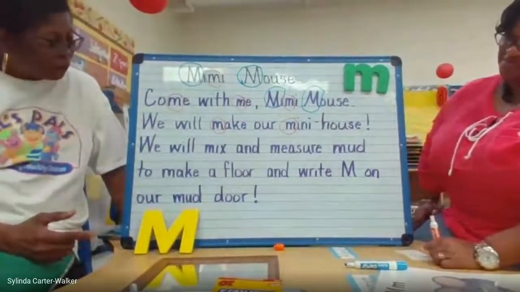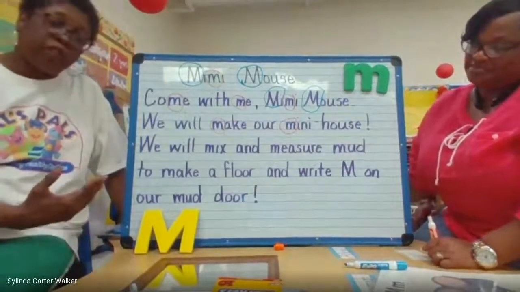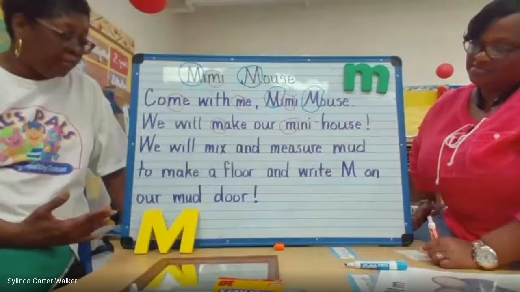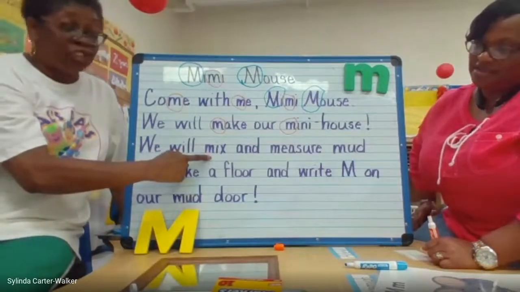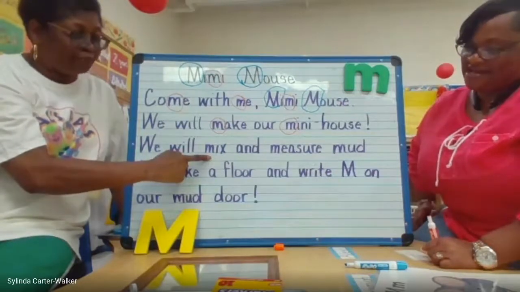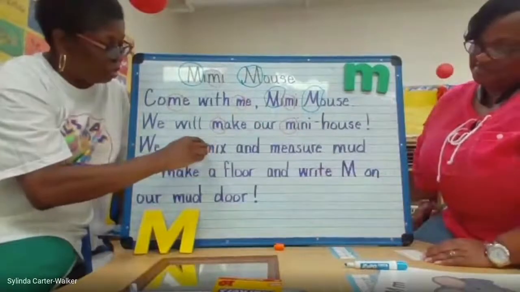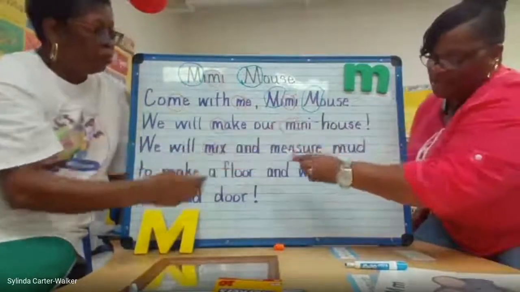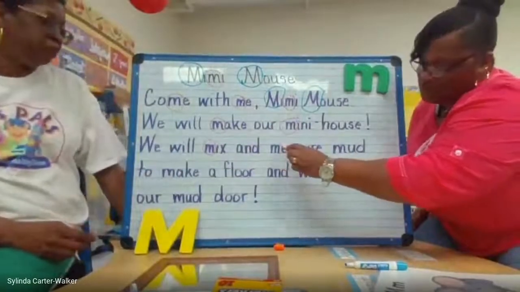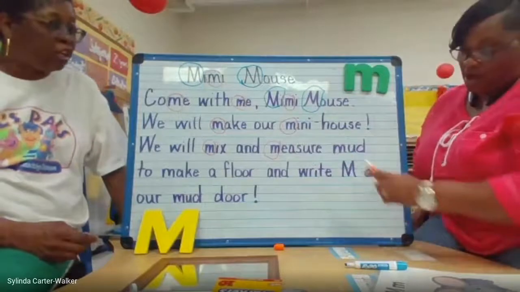You're welcome. So now we're going to find the uppercase or lowercase m in this sentence. Did you see that one? That's right. You got it. It's a lowercase m, and we will circle it with an orange marker. And here's another one. I know you saw it. M in measure.